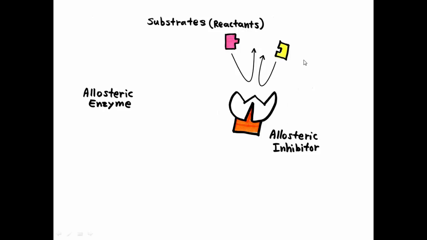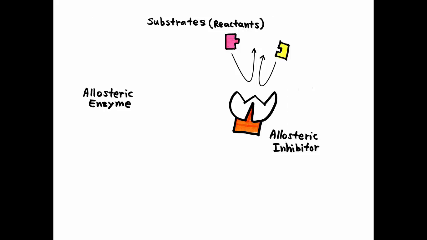None of the substrates will be able to enter the active site because none of the enzymes will have the correctly shaped active site. So allosteric inhibitors and activators can modify how quickly a reaction occurs by changing the reaction rate from medium to either full speed or off.